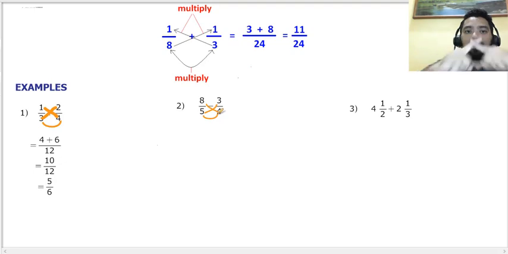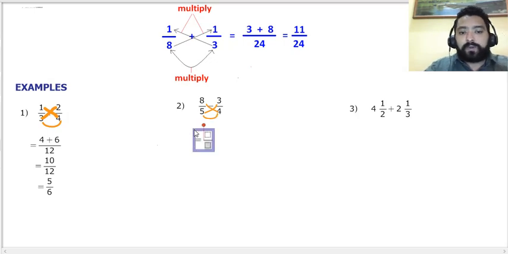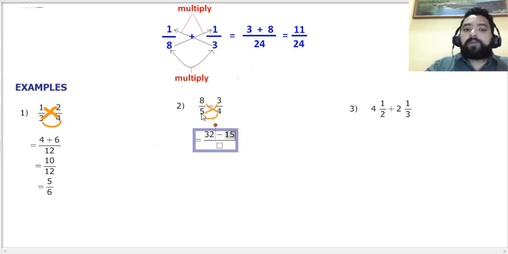Remember the steps: cross multiplication and smile. So we're going to have 8 times 4, equal to 32, minus, in this case, because it's subtracting fractions, 5 times 3, that is 15, and the smile, 5 times 4, it's going to be 20.